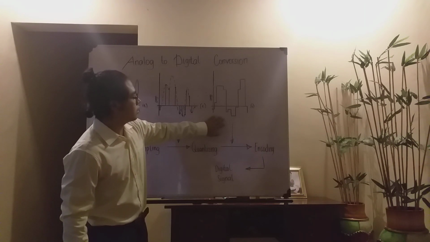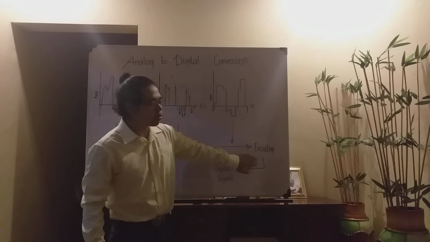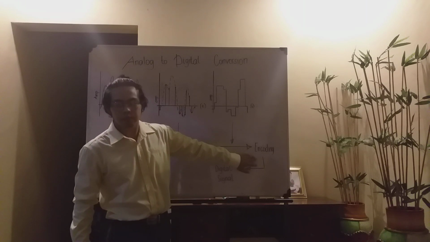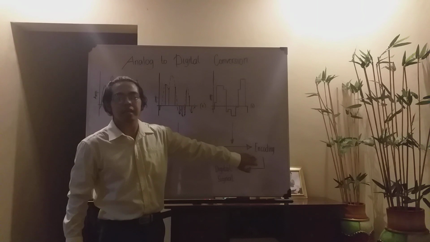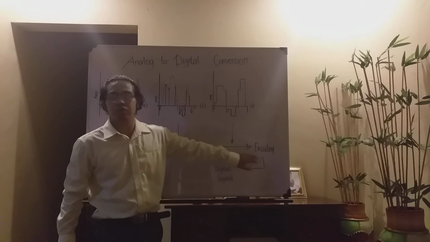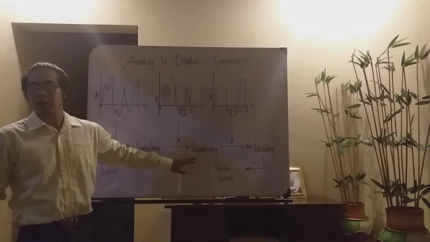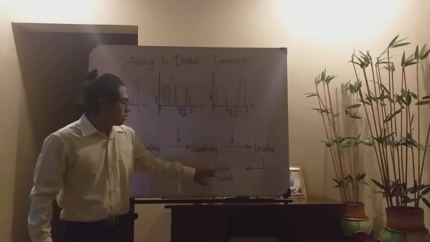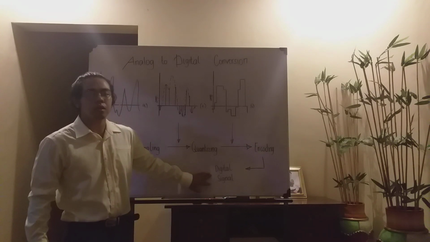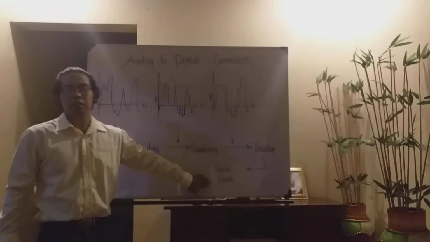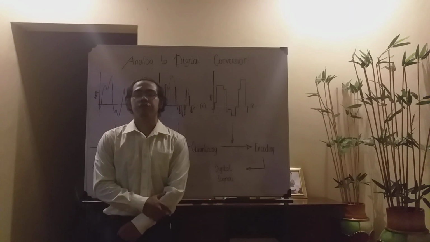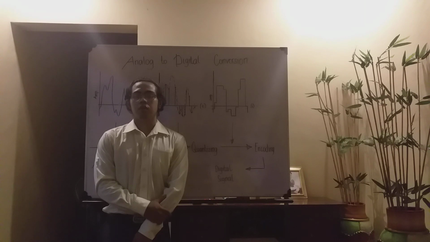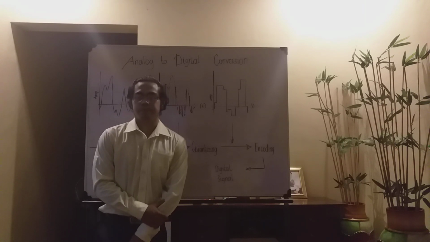After that, it will go through the encoding. The encoding assigns binary numbers to those amplitude values, so it will turn out to be digital signals. That is the flow of AD conversion of PCM.